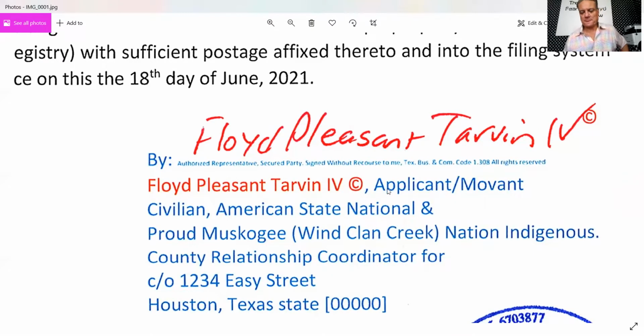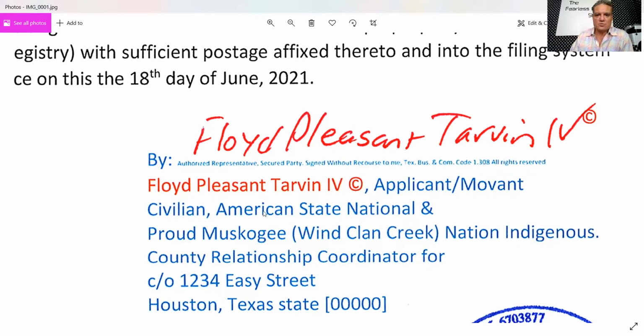You know, for this particular instrument, I'm the applicant movement. I'm also a civilian because I'm not inside the military jurisdiction of the United States. I'm an American state national, which I've gone through, and I'm a proud Muskogee Wind Clan Creek Nation Indigenous American.